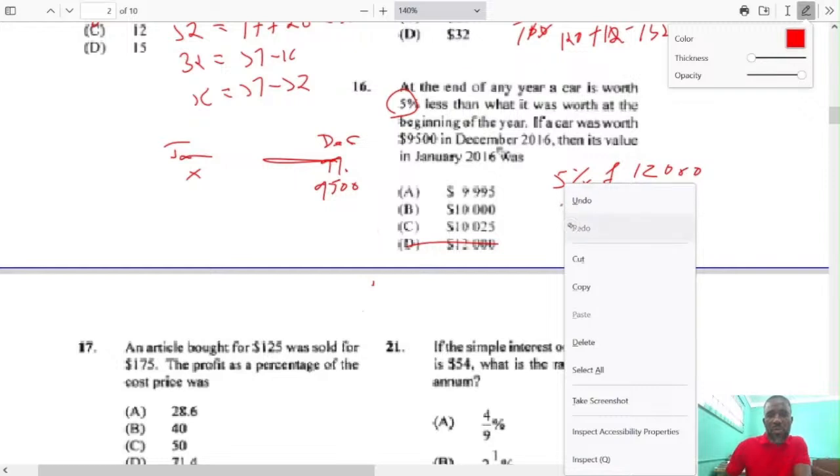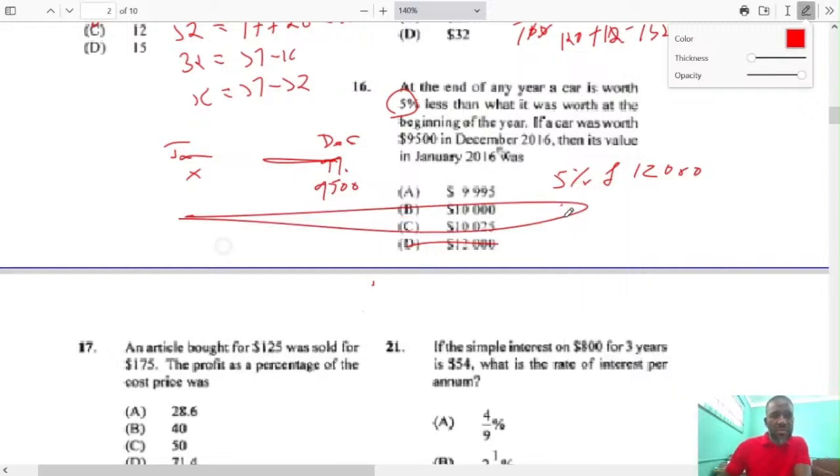So moving on, if we find 5% of 10,000, we are going to get $500.